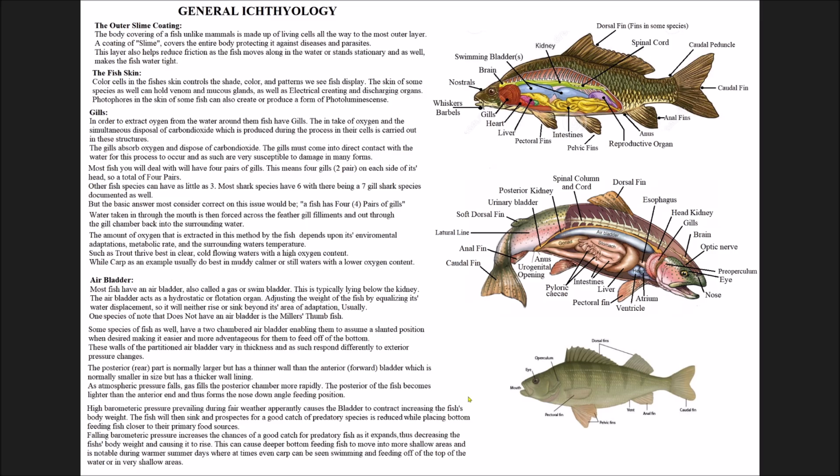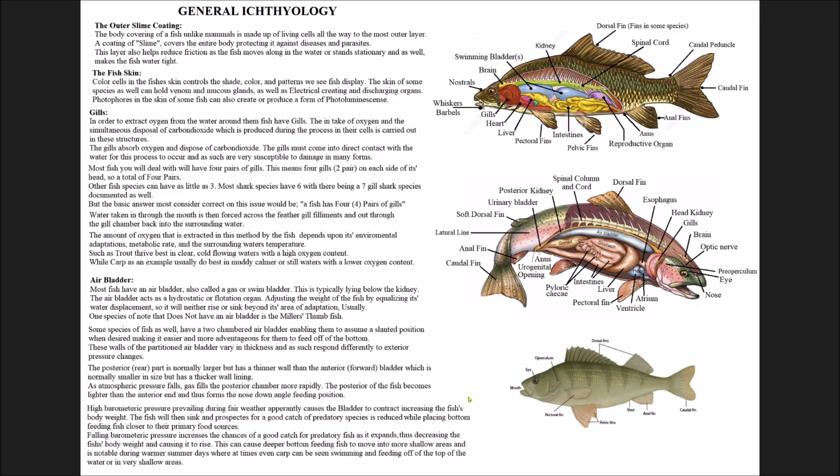One species of note that does not have an air bladder is the miller's thumb fish. Some species of fish as well have a 2-chambered air bladder, enabling them to assume a slanted position when desired, making it easier and more advantageous for them to feed off of the bottom.